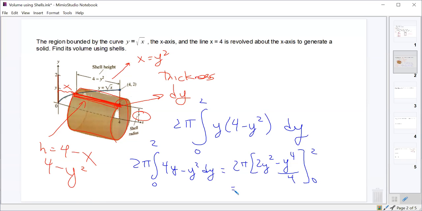And obviously, if we plug in 0 for the lower limit, that's just 0, so we can ignore that. What do we end up with? We end up with 4 inside of the brackets if we plug in 2: 8 minus 4. So 4 inside of there times the 2 pi. 8 pi units.